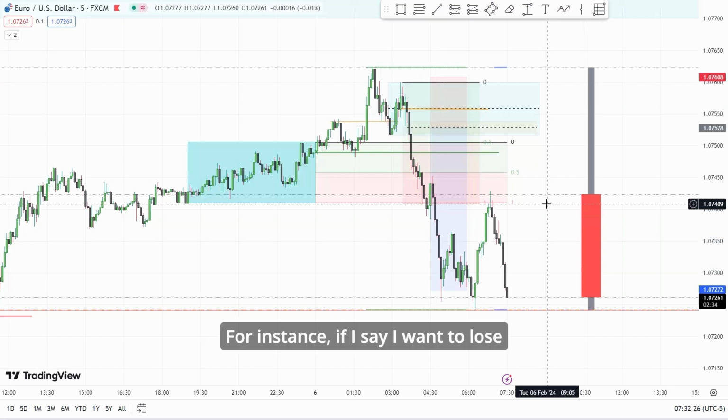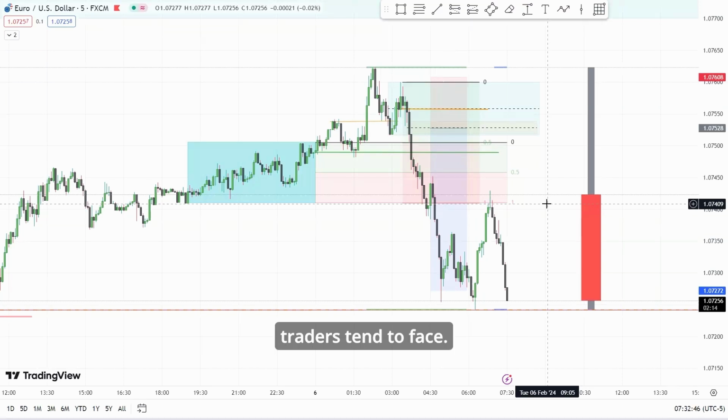For instance, if I say I want to lose just 1% today, and if I lose 1%, then I do not want to trade anymore, then I feel there should be some kind of lockout facility, so you could set a personal daily drawdown. I think it will help with a lot of psychological issues that traders tend to face, and counter overtrading also.